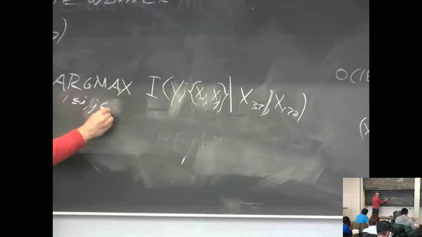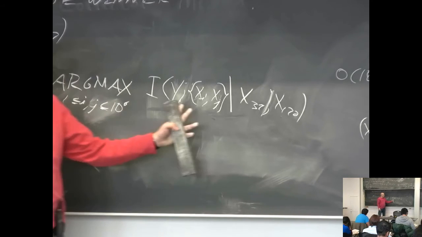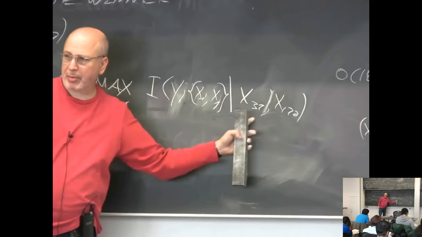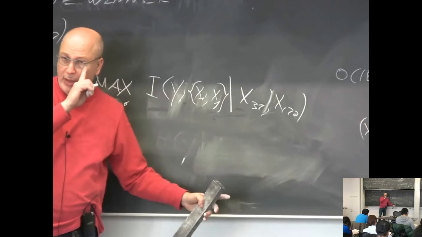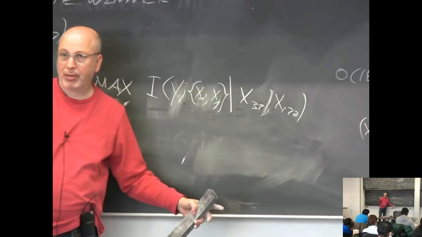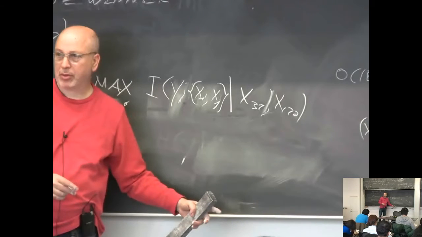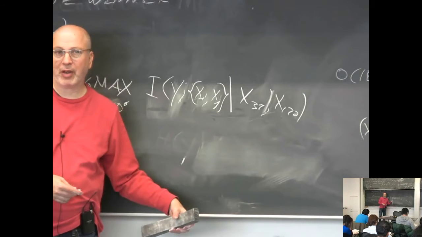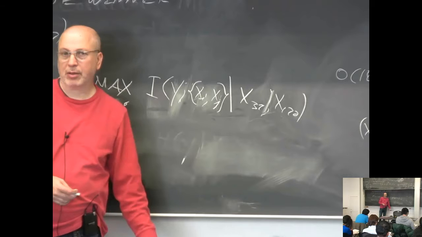For some two i and j's between 1 and a million, two values that maximize the mutual information conditioned on what has already been incorporated. Will that work to take care of the problem of XOR of two variables? So if y was really an XOR of two variables, will it find that?